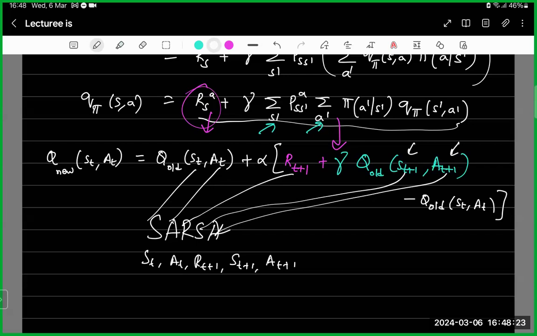So right now you have some policy, you act according to that policy, then you get RT plus 1, ST plus 1, then you choose your new action as the improved action. Like you just calculate your improved pi after every step of this update. You don't wait for one episode or anything.